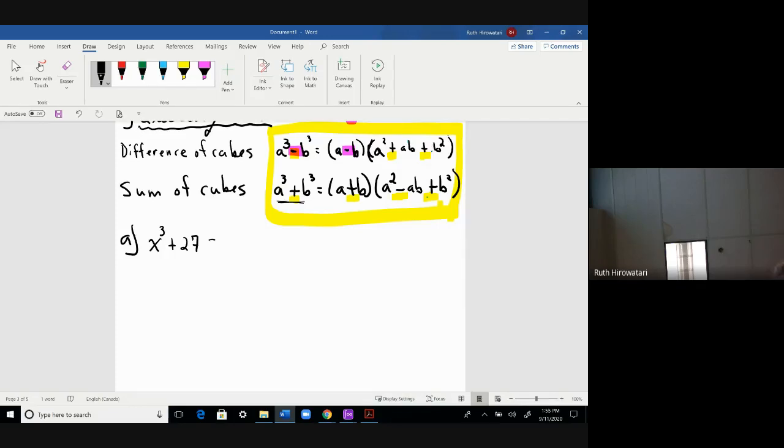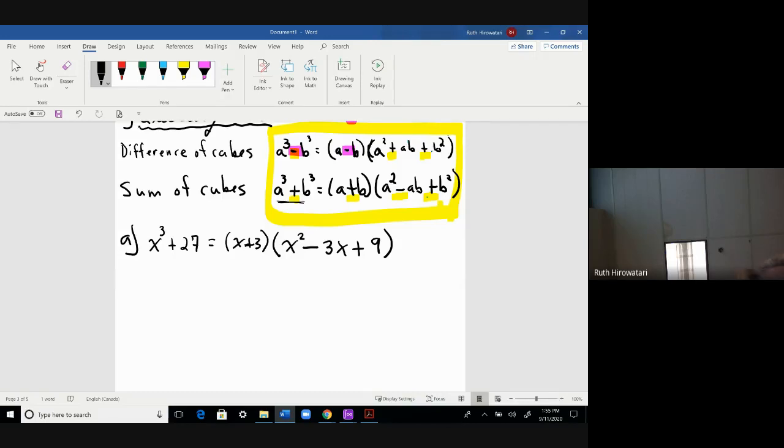This would factor as (x plus 3)(x squared, the sign was the same, the sign is the opposite, minus 3x, the sign is positive, plus 9). Stop and look at that. Do you know where I got the 3x and the 9 from? If not, type your question into chat.